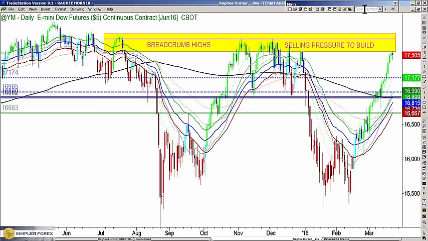If I get another push higher to that level, I'll probably try to build a decent little position with some puts. And then as we move down lower, I'm going to start thinking about what the layers are of support that I could rebuild a long Dow position and rebuild my risk on position.